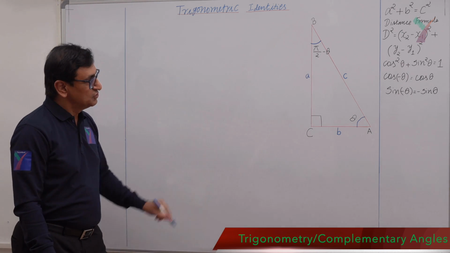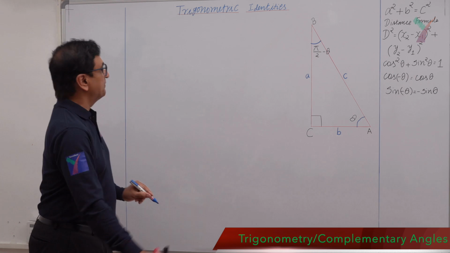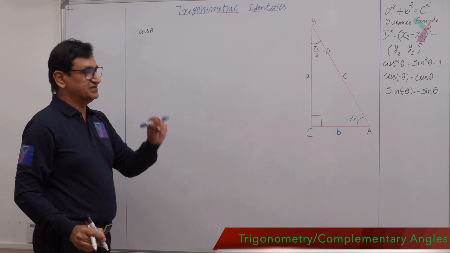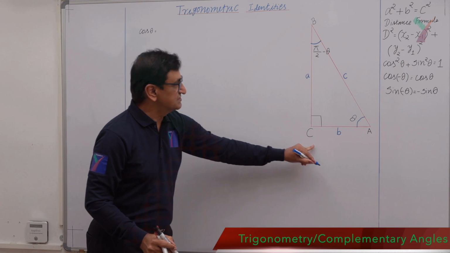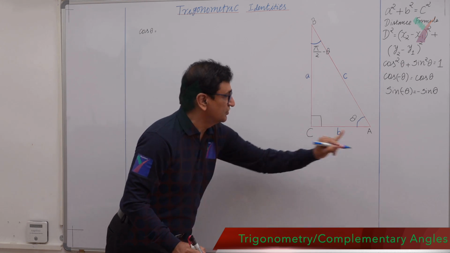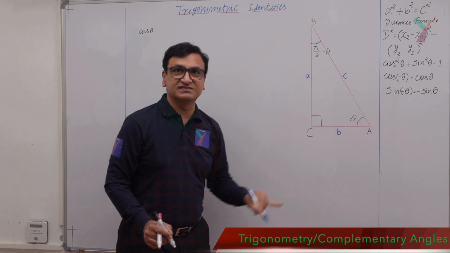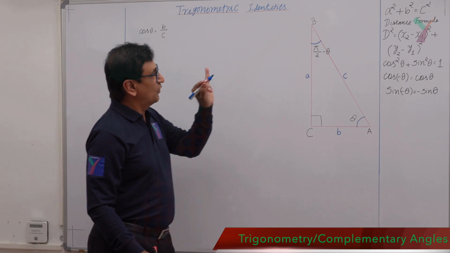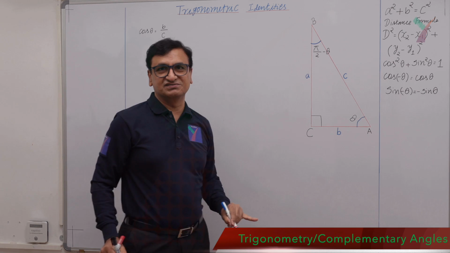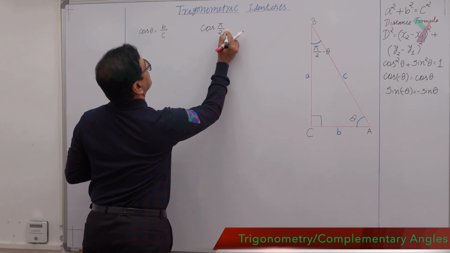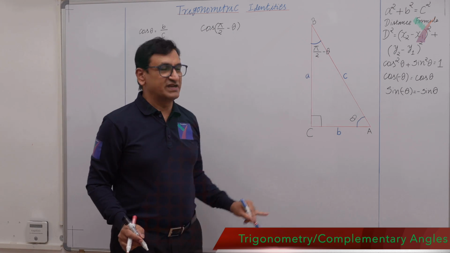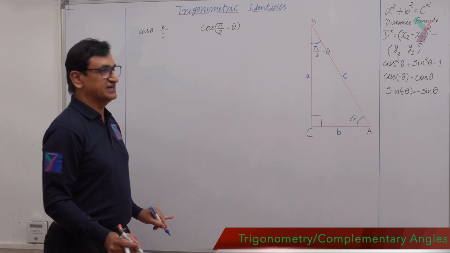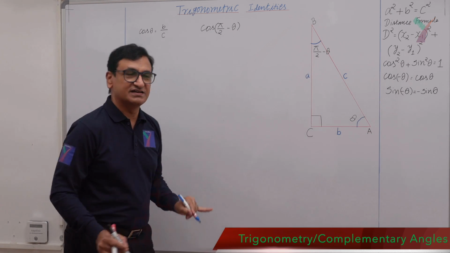Now, what is cos theta? Let me write down cos theta. Cos theta would be the adjacent side divided by hypotenuse, that is B divided by C, correct? Next, what is cos pi by 2 minus theta? Cos pi by 2 minus theta would be adjacent side divided by hypotenuse, that is A divided by C, correct?